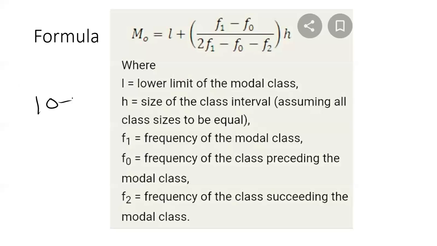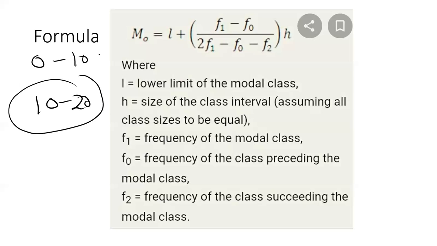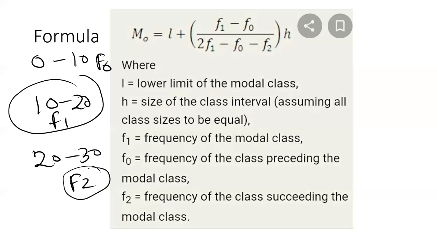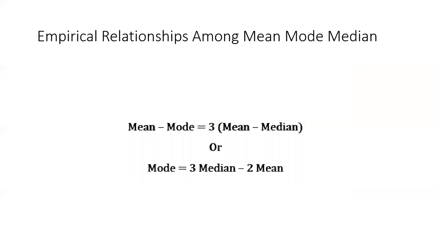Suppose 10 to 20 is your modal class. Then the 0 to 10 class gives F0, the 10 to 20 class gives F1, and the 20 to 30 class gives F2. I hope this is clear. And h is again the class size.